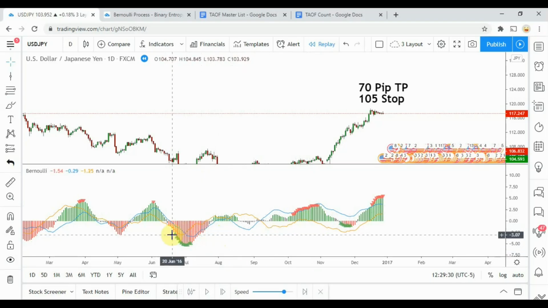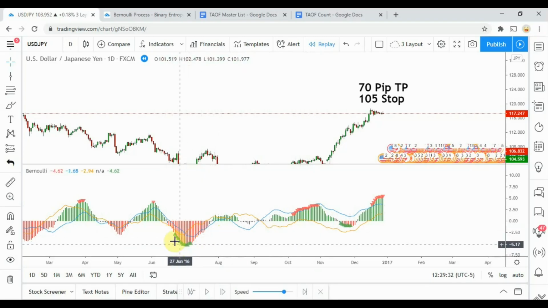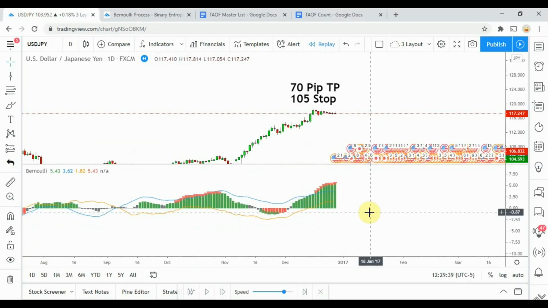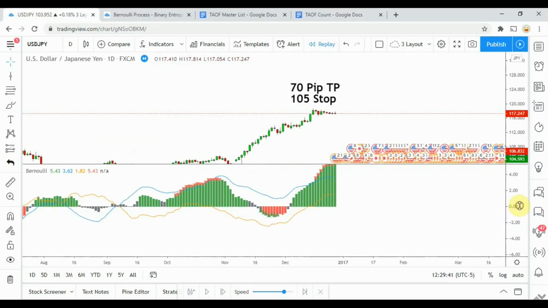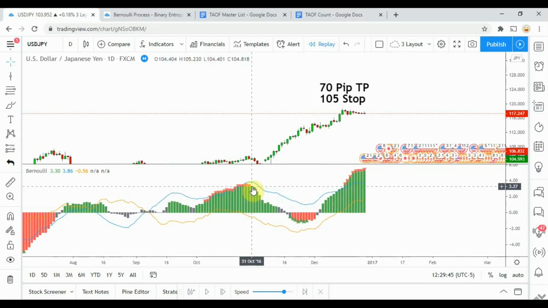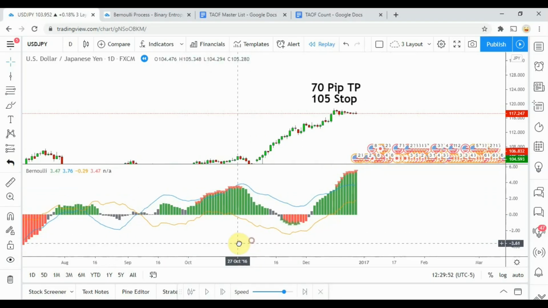What we are looking for is those first and foremost to appear on the histogram, and once they appear, we are looking for them to disappear. And once they disappear, that will be a signal to go either short or long.